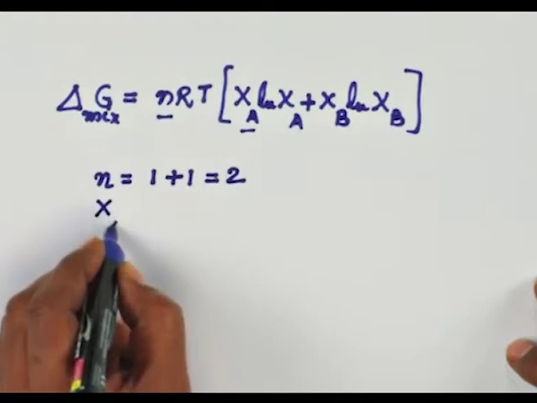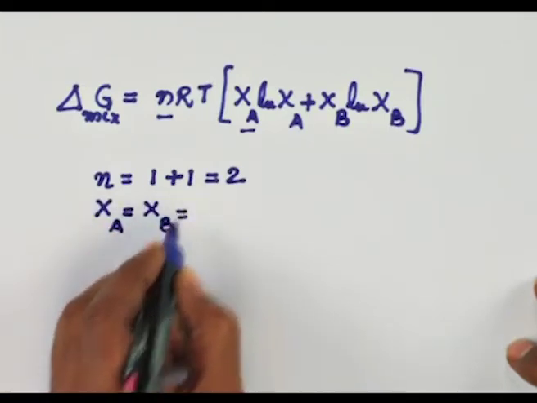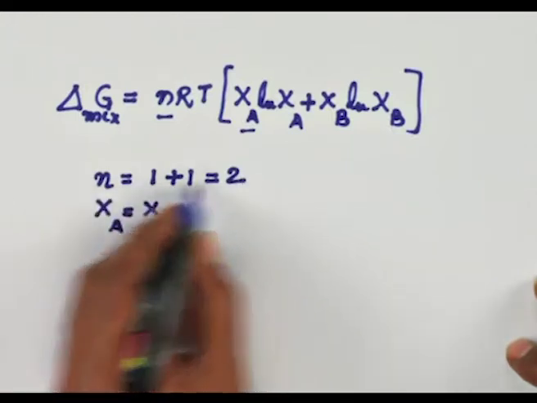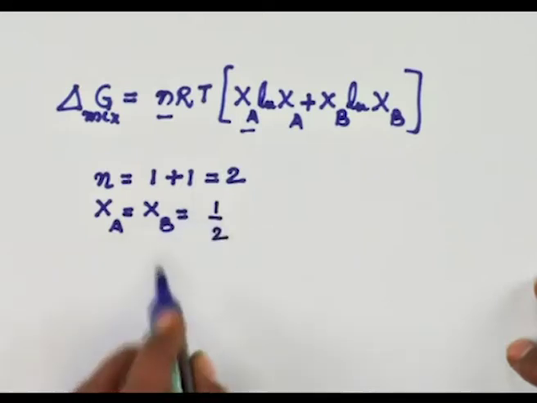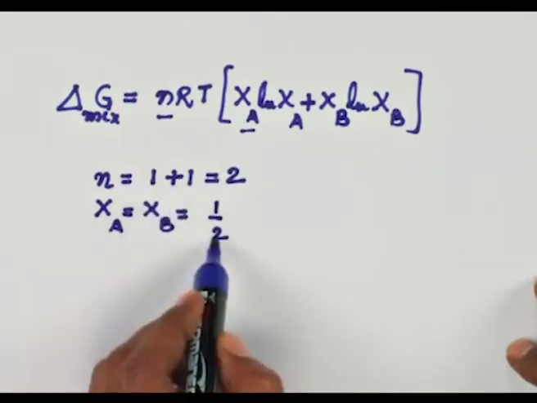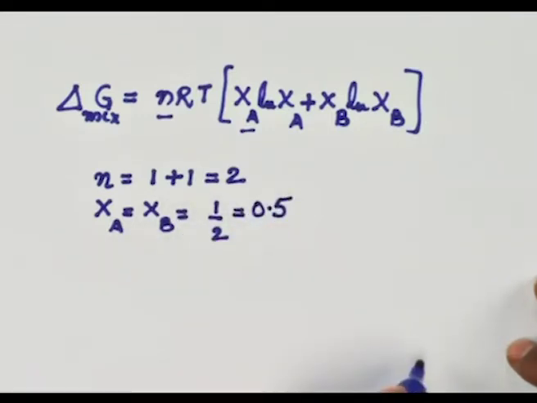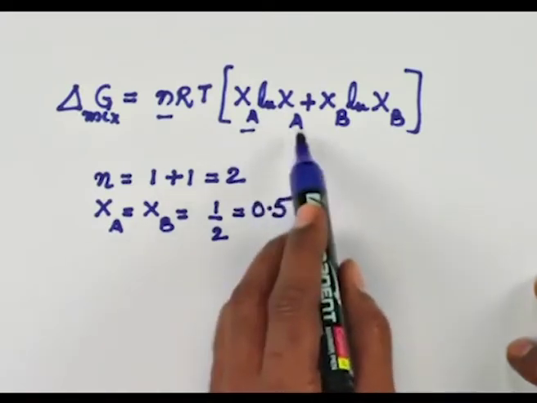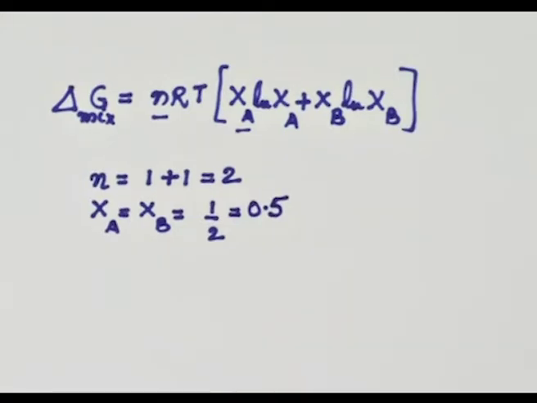Therefore, XA and XB are going to be equal, 1/2. Mole fraction is number of moles of each divided by the total number of moles. This is equal to 0.5. And once we substitute these values, we can get delta G mixing.